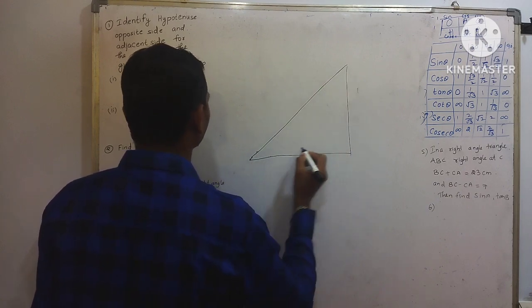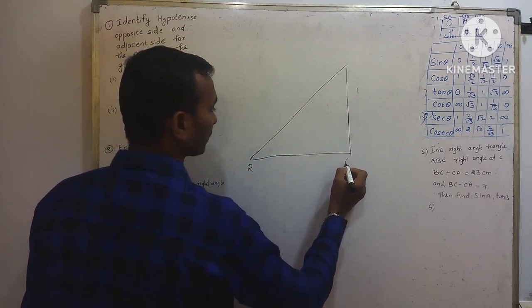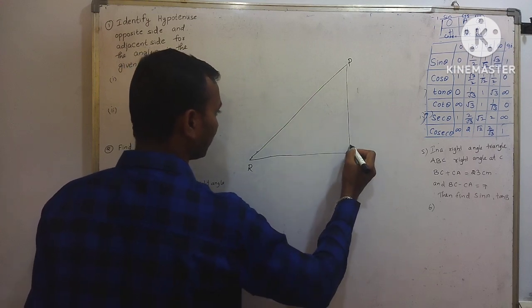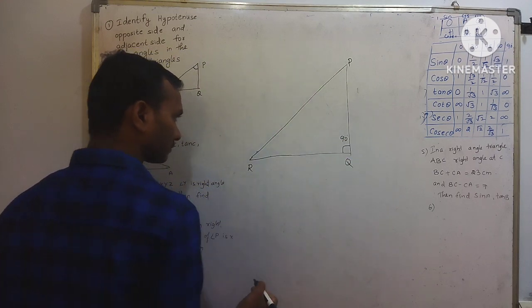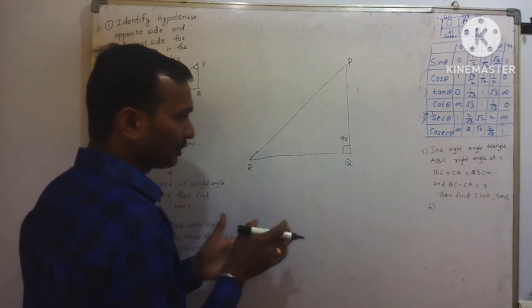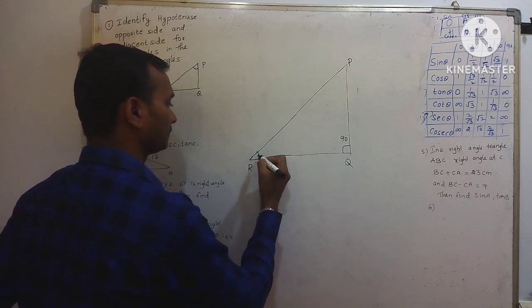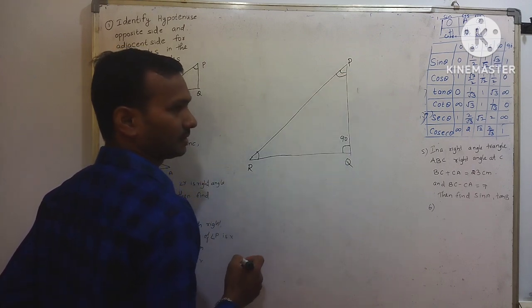So now PQR is a right angle triangle at Q. So if Q is a right angle, R and P are acute angles. So these are the two observation points.